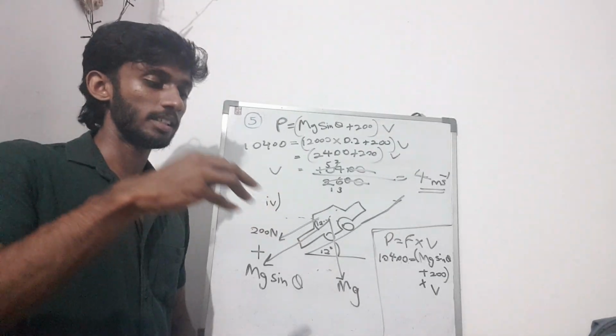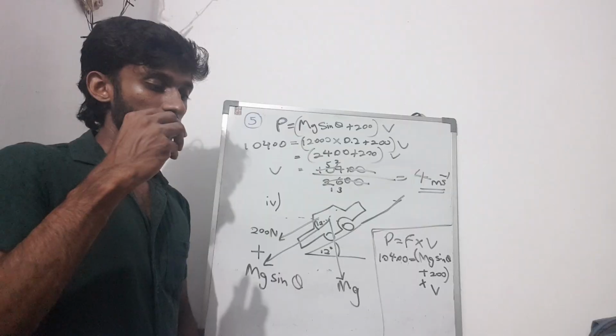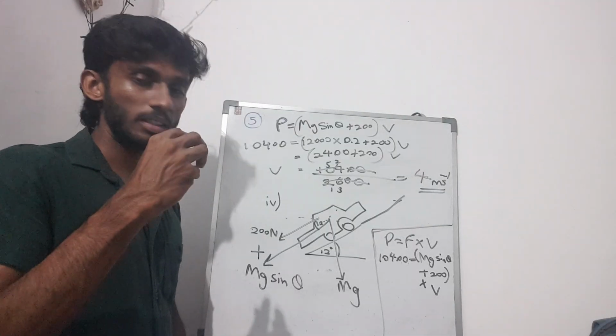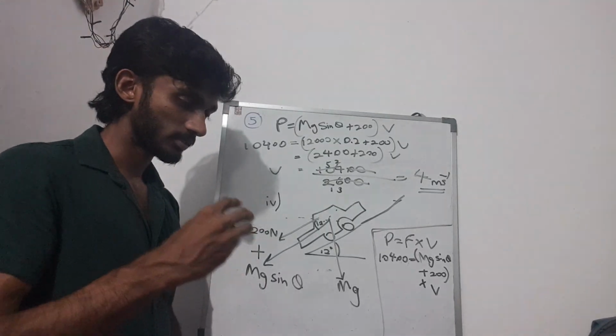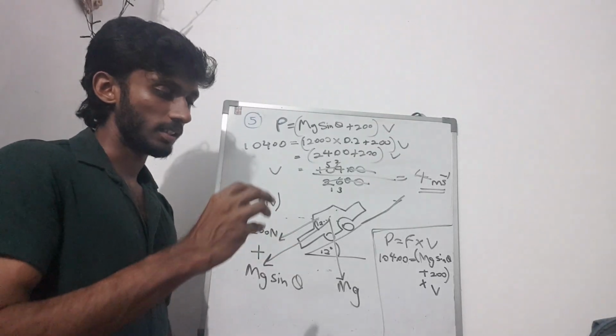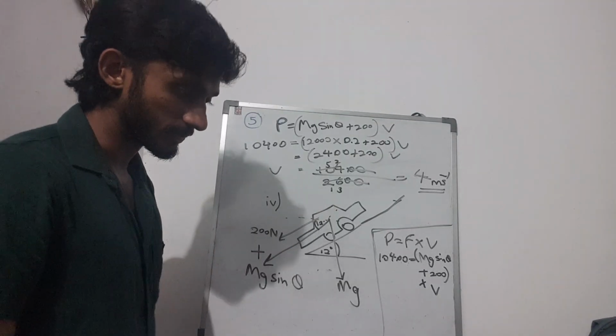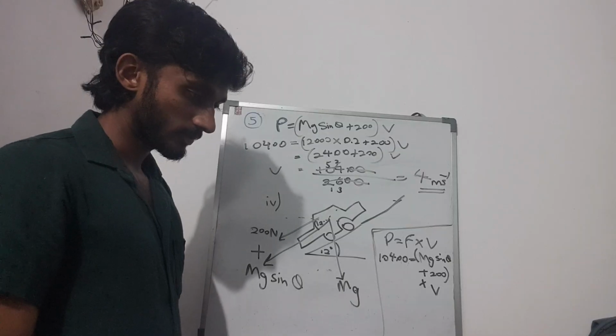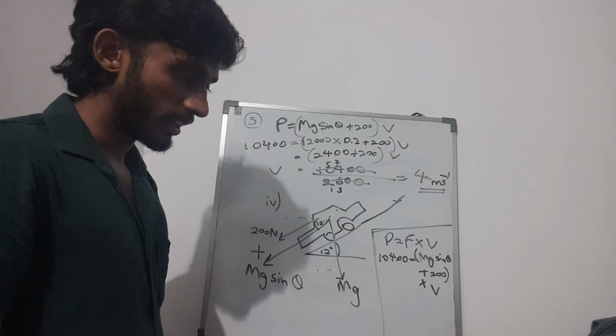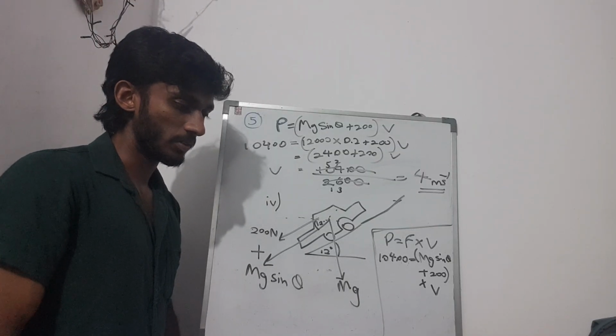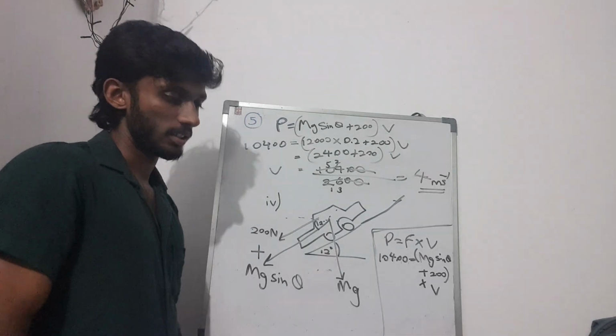Slipping means dynamic friction, without rolling. Identify the correct coefficient of friction.